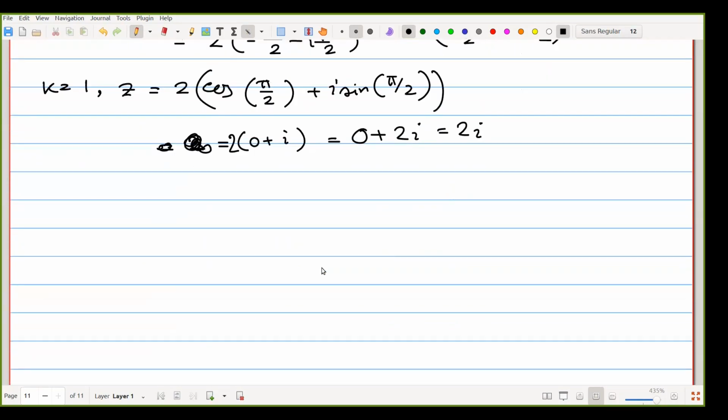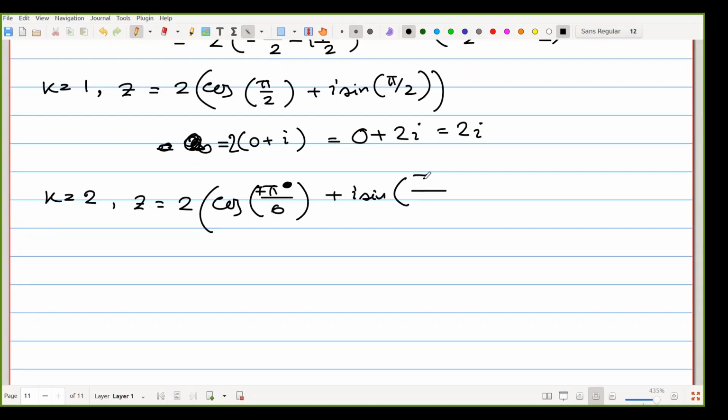And next, when k is equal to 2, z is equal to 2 into cos of 7 pi by 6 plus i of sine of 7 pi by 6.